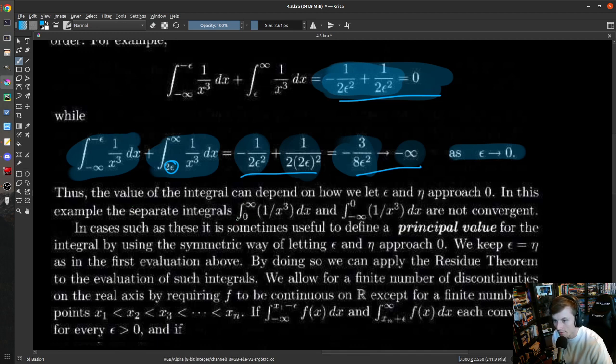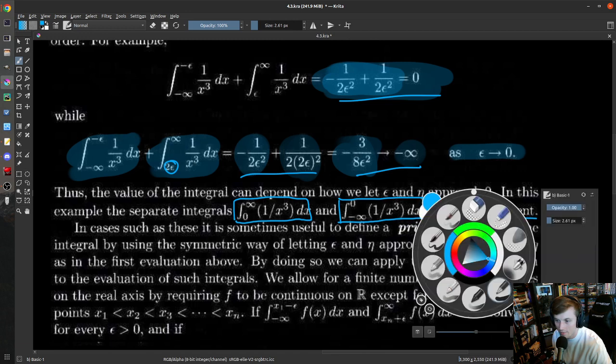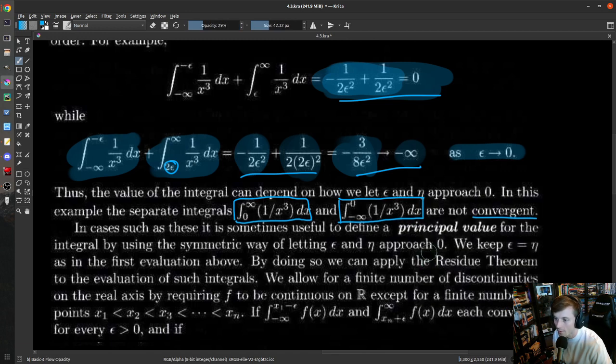So in that case, the separate integrals, the integral from 1 to infinity of 1 over x cubed dx, and of course the opposite one from minus infinity to 0 of 1 over x cubed dx, these guys are not convergent. So it is useful, though, to define a principal value using a symmetric way of letting eta and epsilon approach 0.